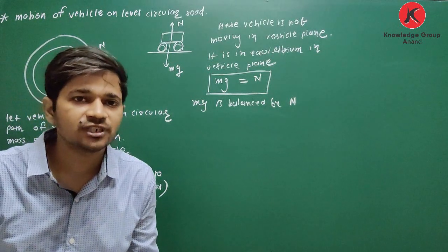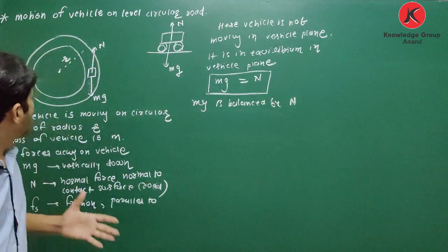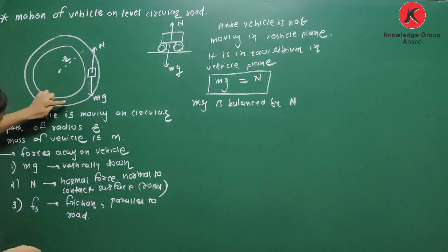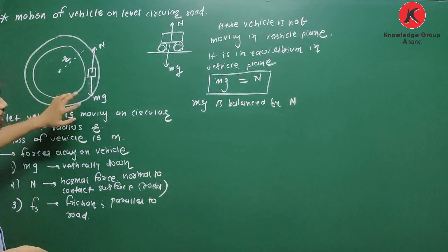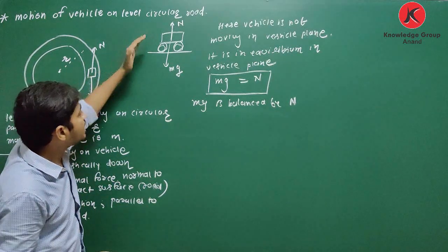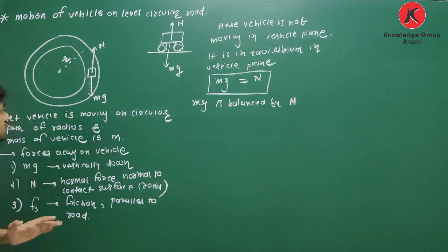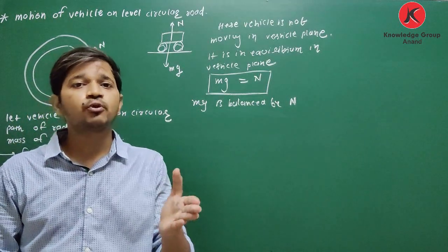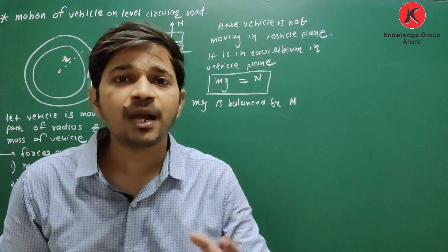Obviously, for circular motion of the vehicle on this road, if N and mg cancel each other, the remaining friction force provides the required centripetal force.